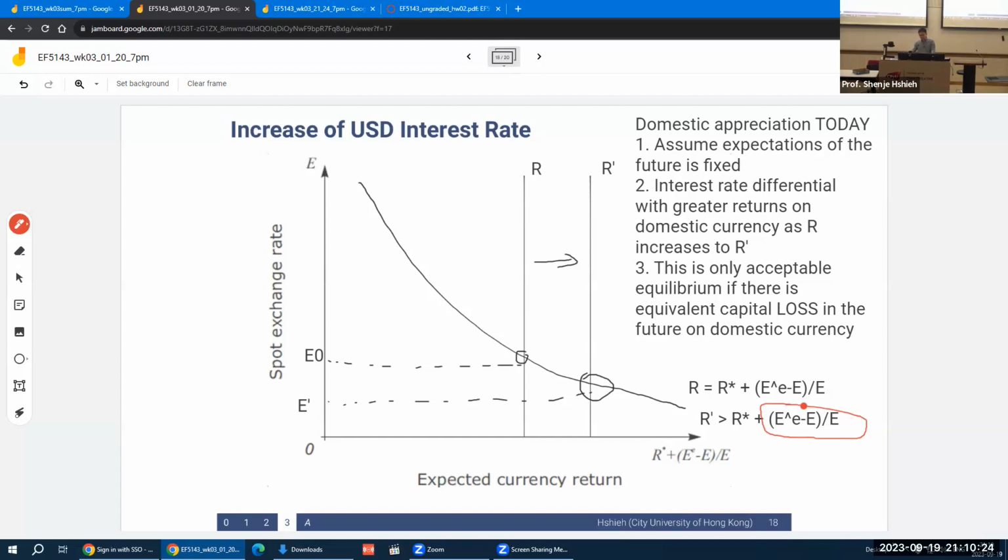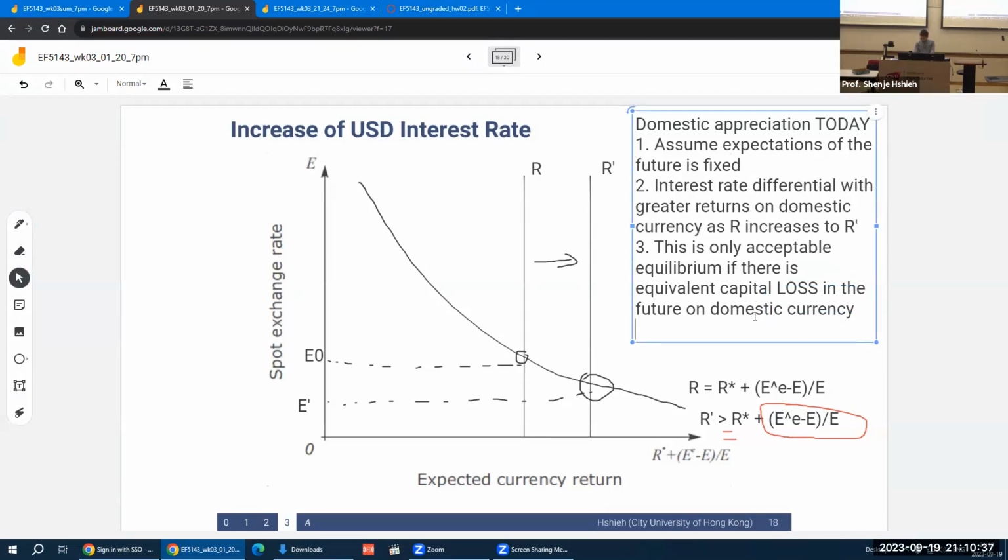Capital loss just means depreciation. So depreciation means E hat E minus E must get larger, right? In order to restore parity. UIP basically says that capital loss must wipe out the interest rate differential.